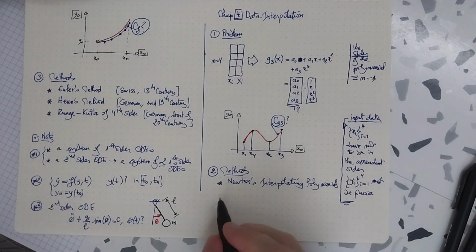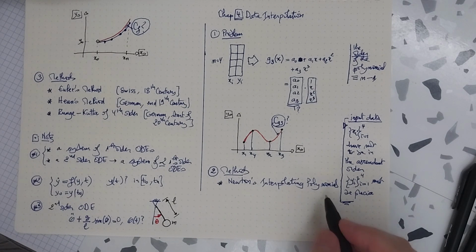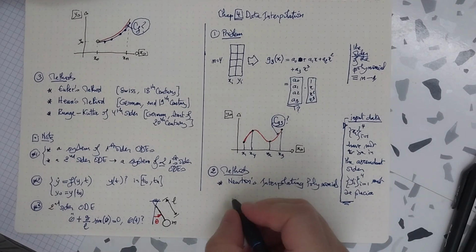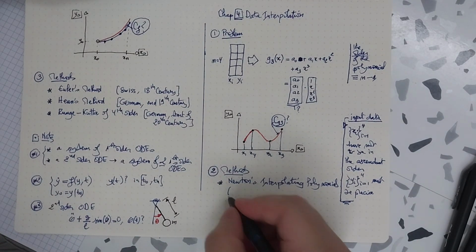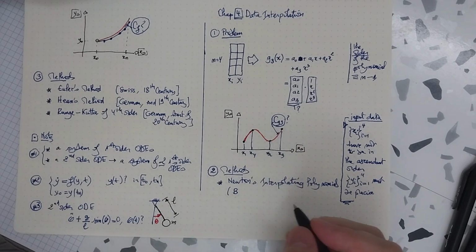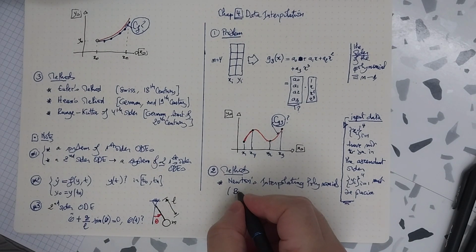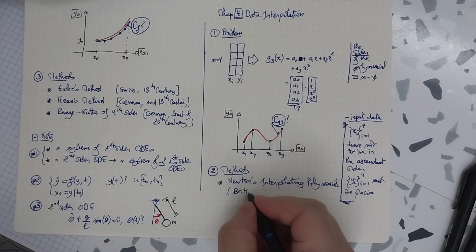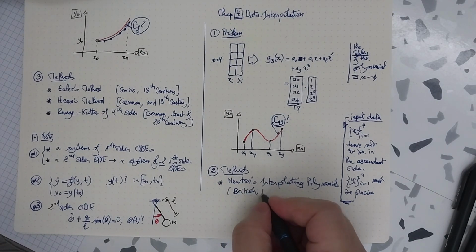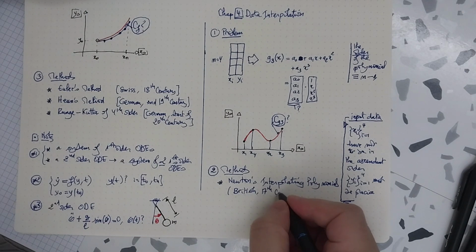So, Newton's interpolating polynomials. Newton, of course, is well known as a British genius in physics, mathematics, and numerical methods in calculus. British, in the 17th century.